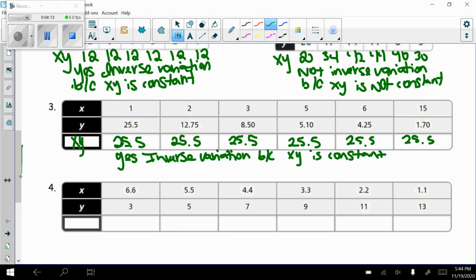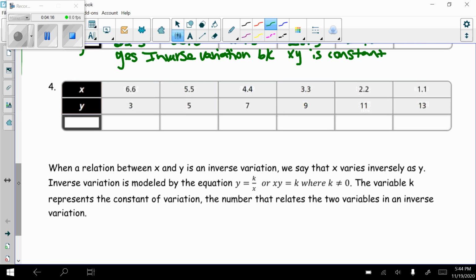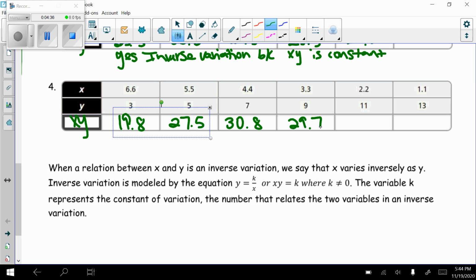Number 4, we're going to do the same thing. So find the product of xy. 6.6 times 3, 19.8. 5.5 times 5, 27.5. I can keep going. 4.4 times 7, 30.8. 3.3 times 9, 29.7. 2.2 times 11, 24.2. 1.1 times 13, 14.3.